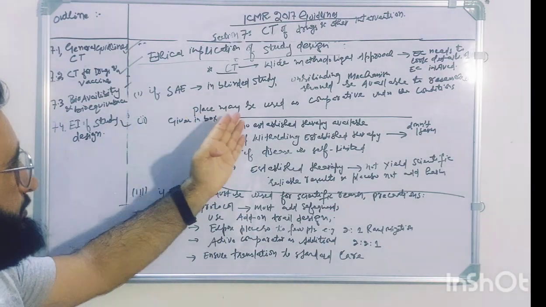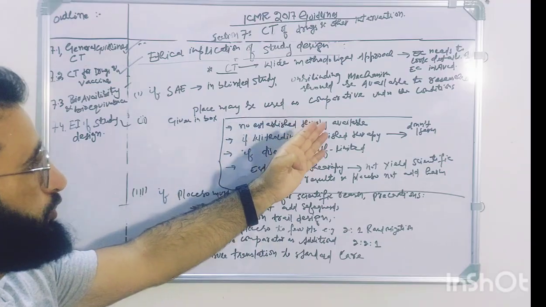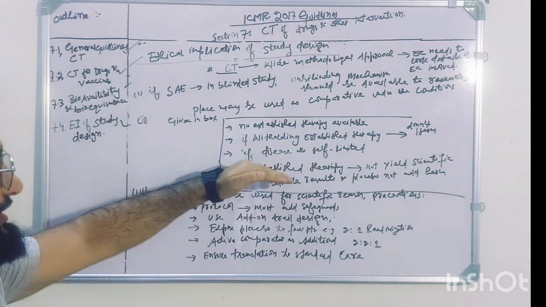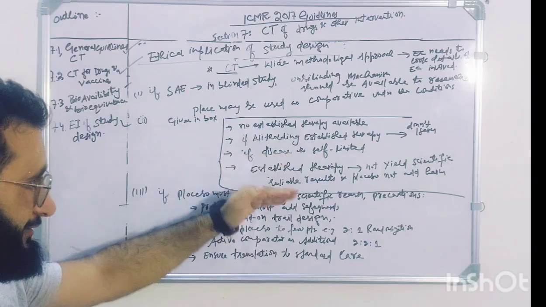They have also given that a placebo may be used as a comparator under the considerations given in the box. If the researcher is using a placebo, the dummy medication, it should be used under the following conditions.